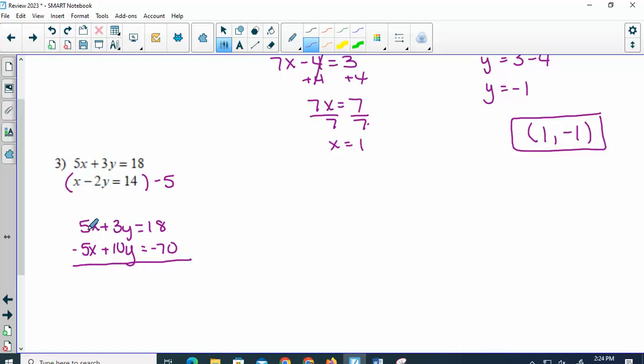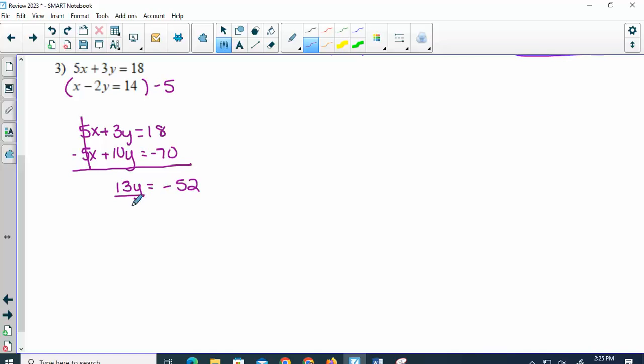Then when I add those, a positive 5x and negative 5x cancels. 10y plus 3y is 13y. 18 plus negative 70, negative 52. Divide and we get negative 4. What do you do now?